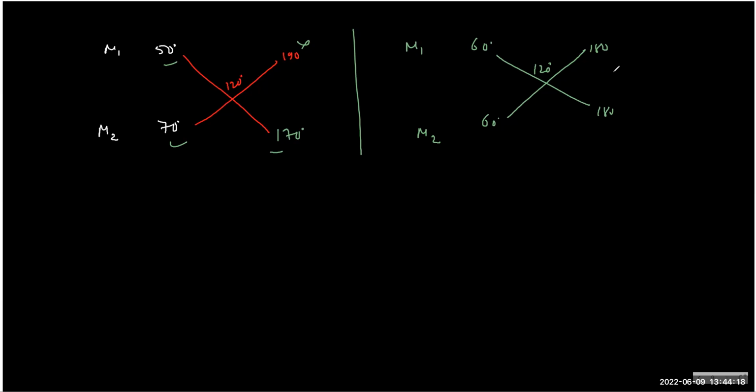So the angle should be less than 180. Even if it is 180, we can ignore. What will be left? Just two answers. Because every individual angle should be less than 180, and the sum should be less than or equal to 360. If the sum is 360, it means the last image is on one side. So you can use the crisscross method, or you can use the other method to solve any question of plane mirror.